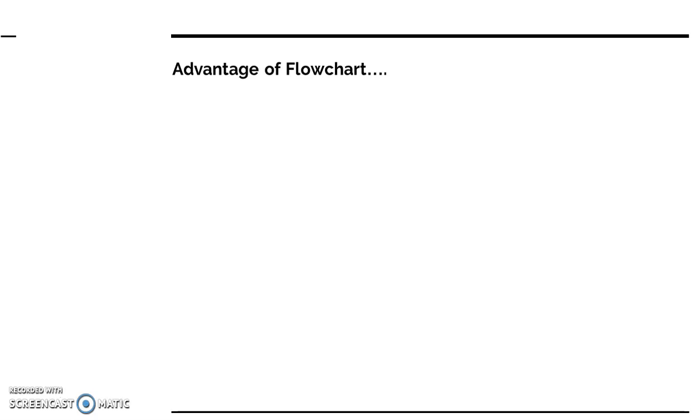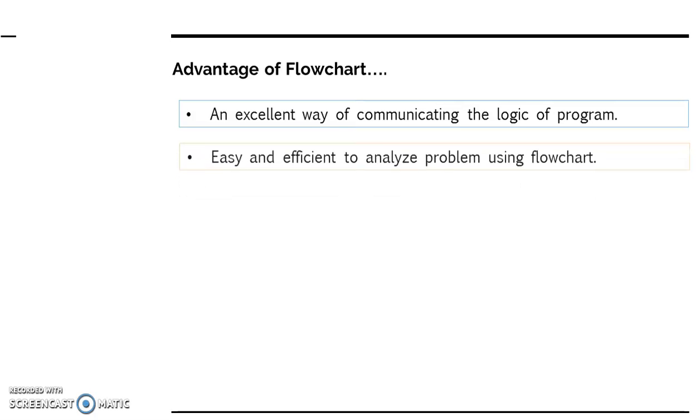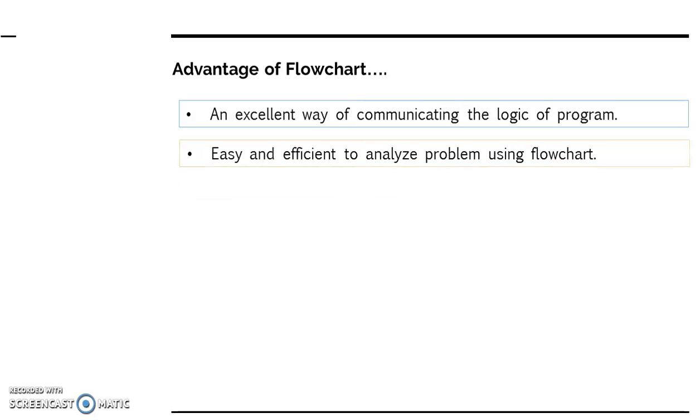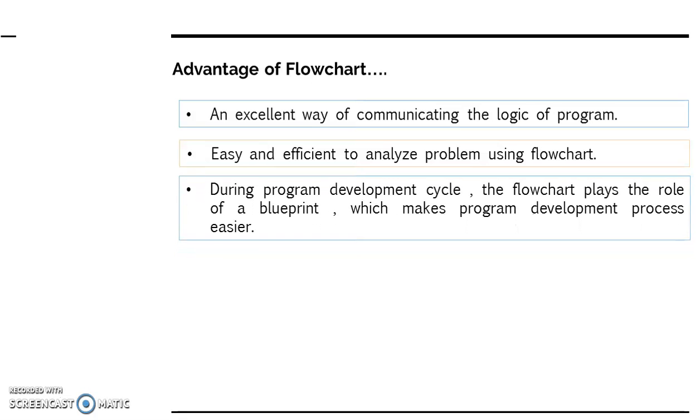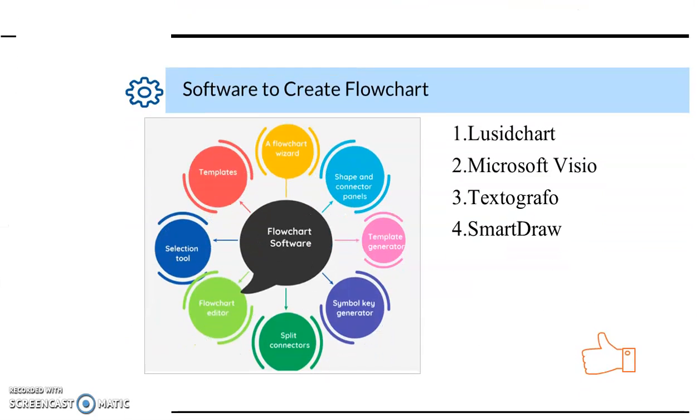Now, the advantages of a flowchart: an excellent way of communicating the logic of a program. Easy and efficient to analyze the problem using a flowchart. During the program development cycle, the flowchart plays the role of a blueprint, which makes the program development process easier. It is easy to convert the flowchart into any programming language.